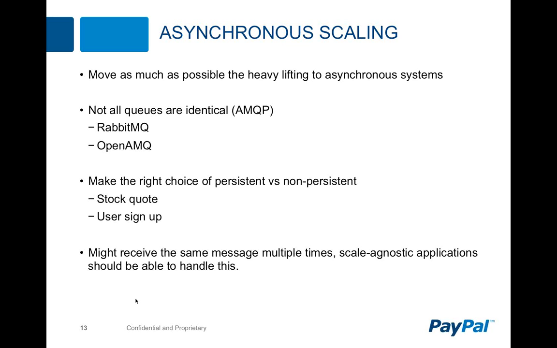So even if you're publishing something to an engine to send out an email and that engine is down, when it comes back up, it should be able to get that message and send that email out to the user. So for certain behaviors, you have to make certain choices of queues, and you have to be careful what you choose. It's all driven by the product experience as well.